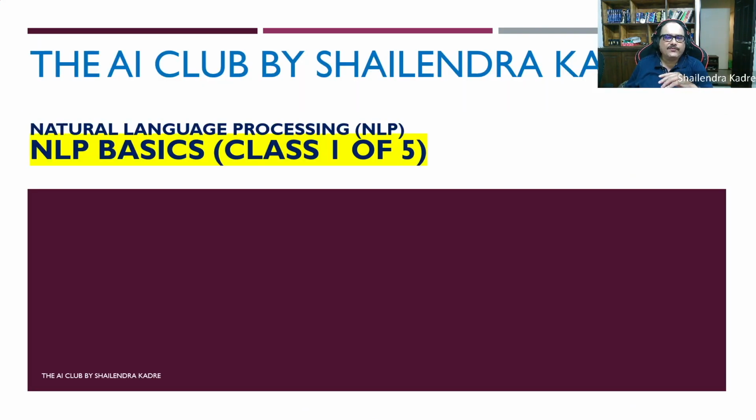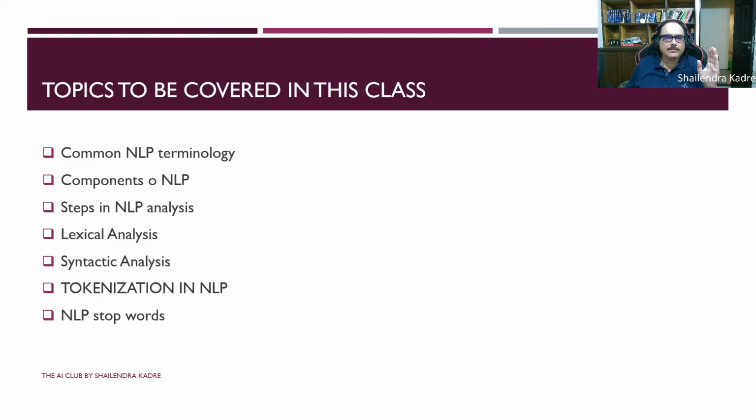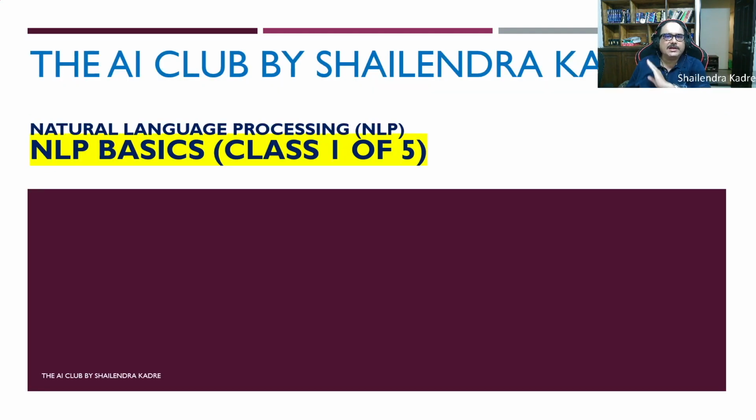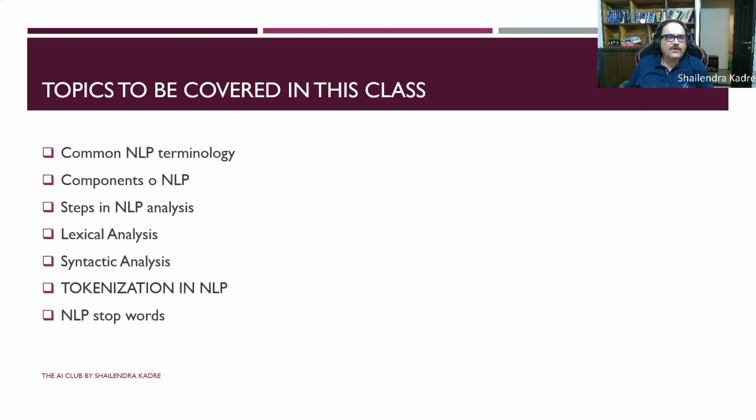So what will we do today? Today is the first class, so I named it class 1 of 5. Today we'll understand some basic terminology related to NLP. First, what topics are we going to cover in this class? Common NLP terminology.